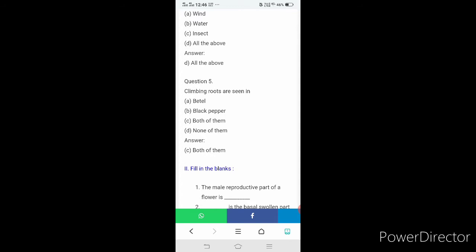If you observe the stem of that plant, there will be small hair-like structures present. We call them climbing roots. The options given are betel, black pepper, both of them and none of them. Betel and black pepper both have climbing roots, so the answer is both of them.